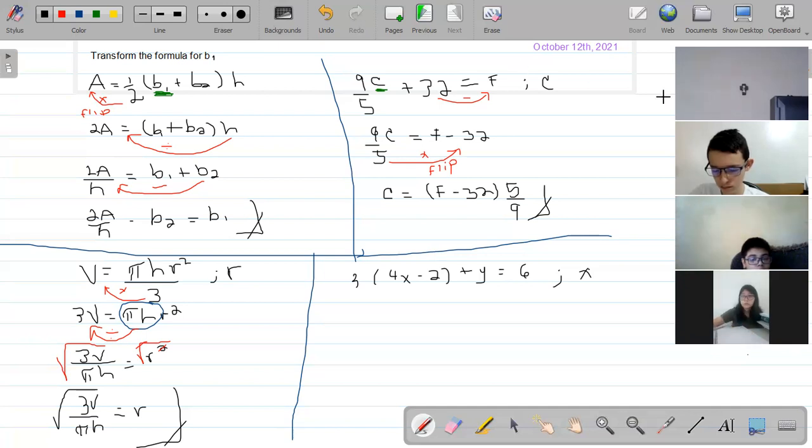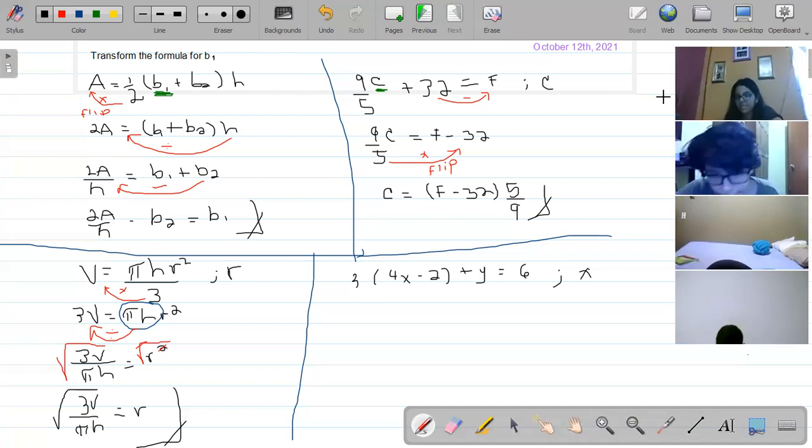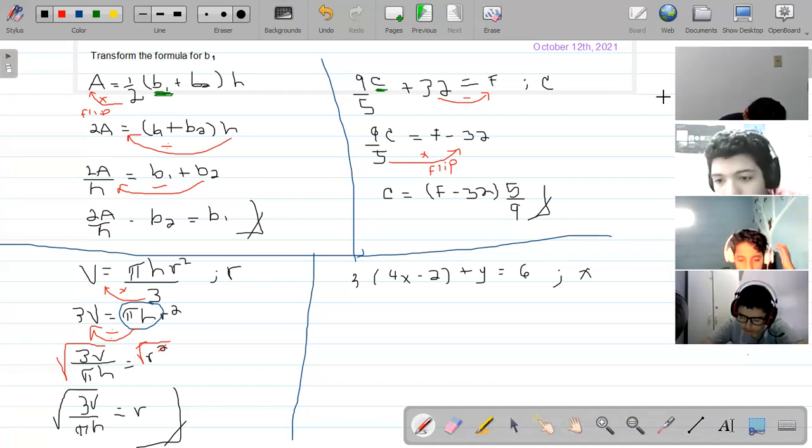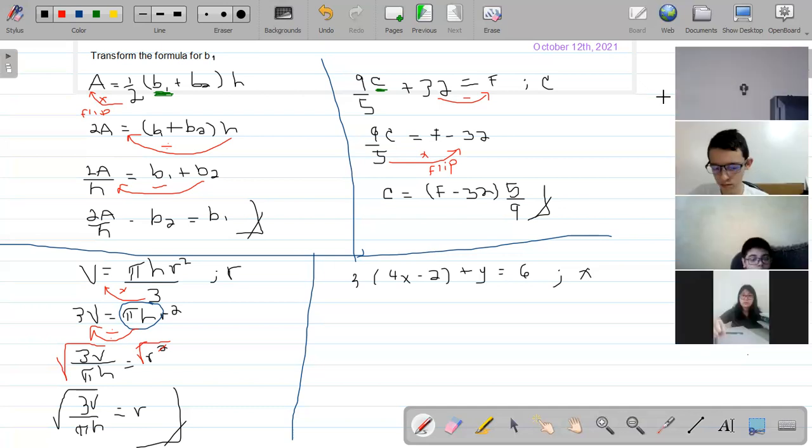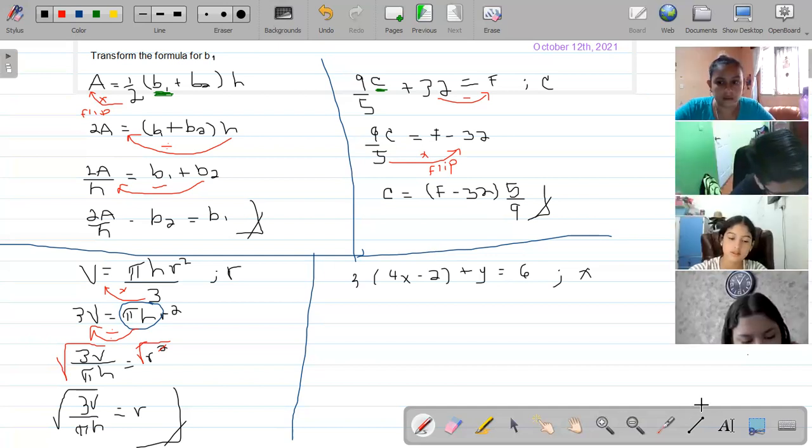Okay. So let's see who's going to help me out with this exercise. I will leave it optional right now. If not, I'm going to choose someone. So who volunteers? Who volunteers? No one?